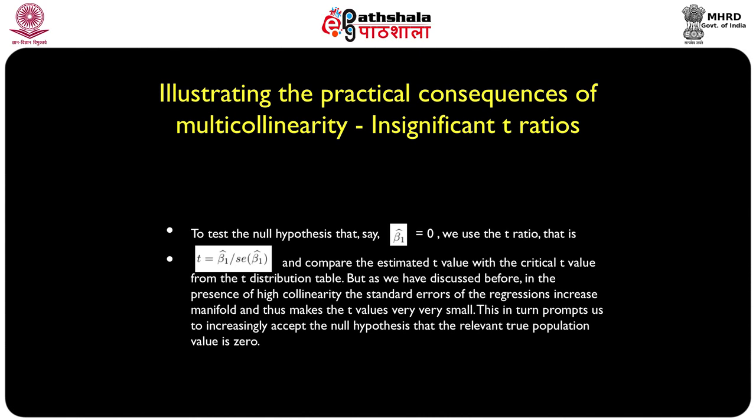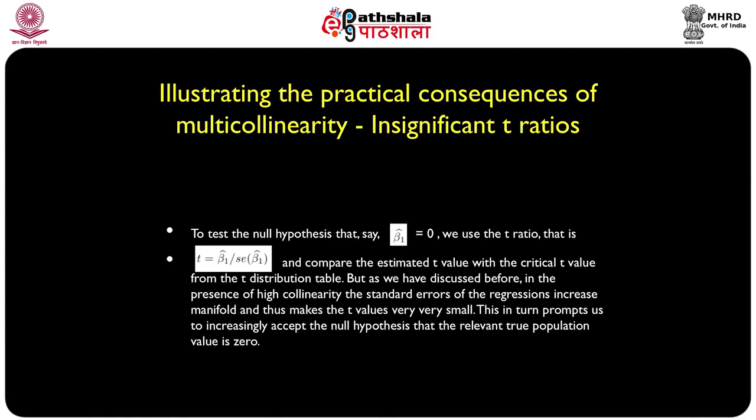Now moving on to the next consequence of multicollinearity, that is insignificant t-ratios. To test the null hypothesis that an individual regression coefficient, say beta 1, equals 0, we use the t-test statistic, which is given by beta 1 hat divided by standard error of beta 1 hat, and compare the estimated t-value with the critical t-value from the t-distribution table.